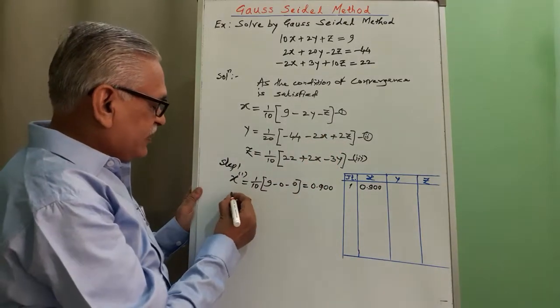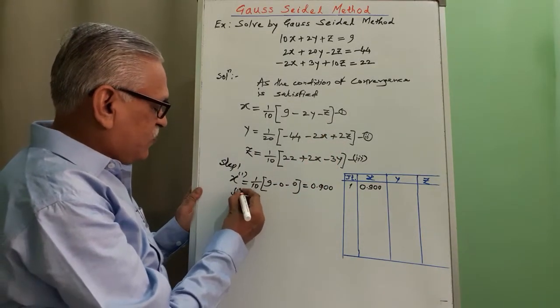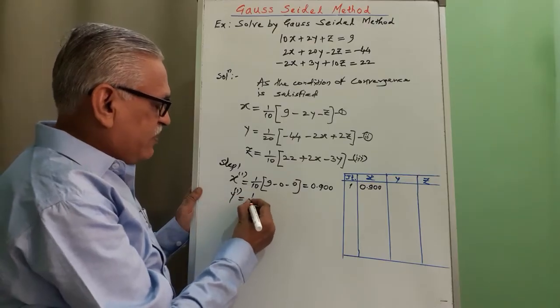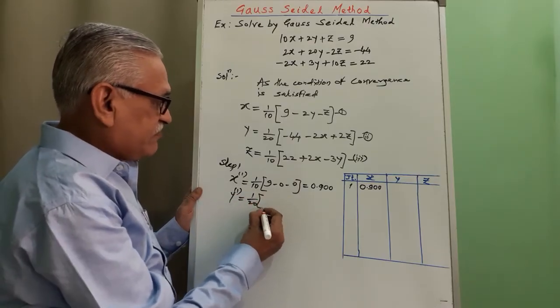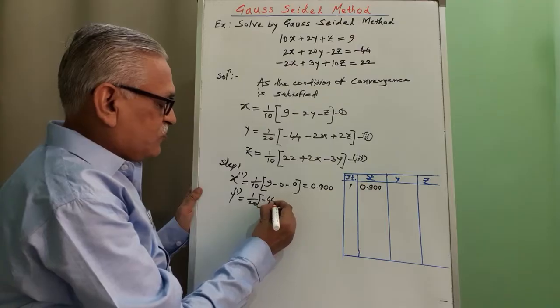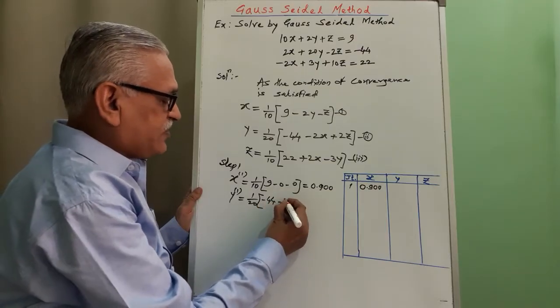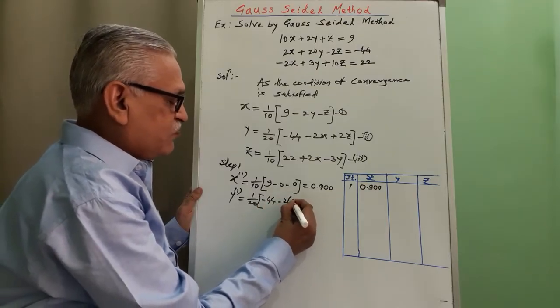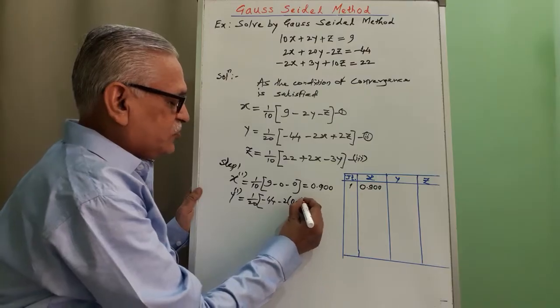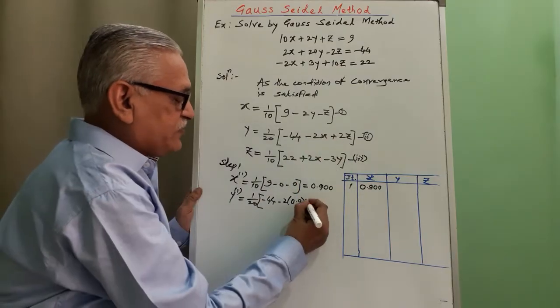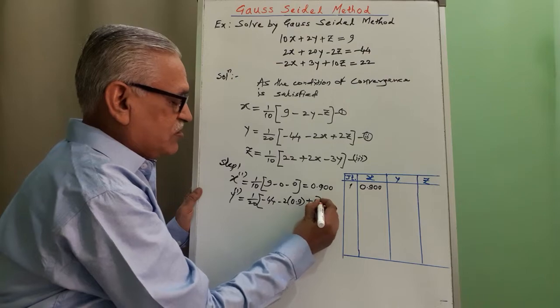Use that value in equation 2 along with the value of z as 0. Therefore, from the second equation we get the first approximation y1 as 1 by 20 times minus 44 minus 2 times x, x is 0.900, plus 2 times z, z is 0.